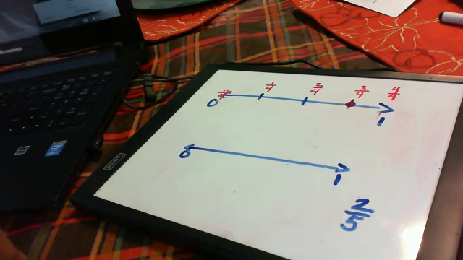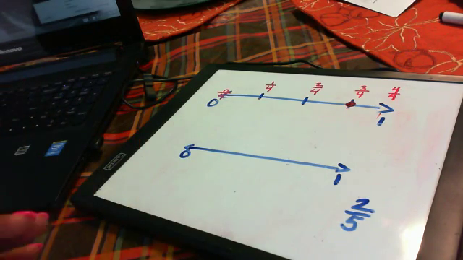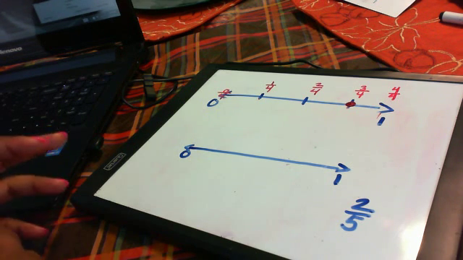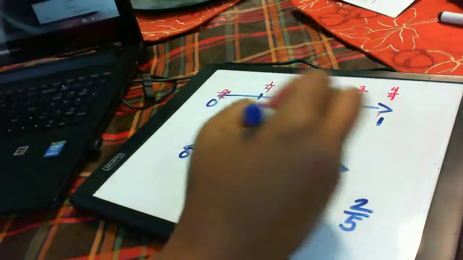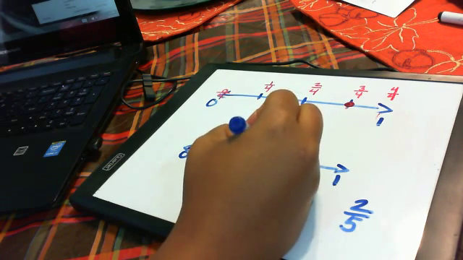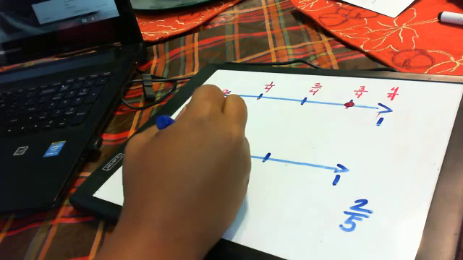5 is correct. And remember, if we need 5 sections, does that mean we need to draw 5 lines? No, we're going to need 4 because the last one over here would be our 5th break. So, I know that 3 is in the middle, so I'm just going to draw a middle. And then I know I need 2, and then 1.